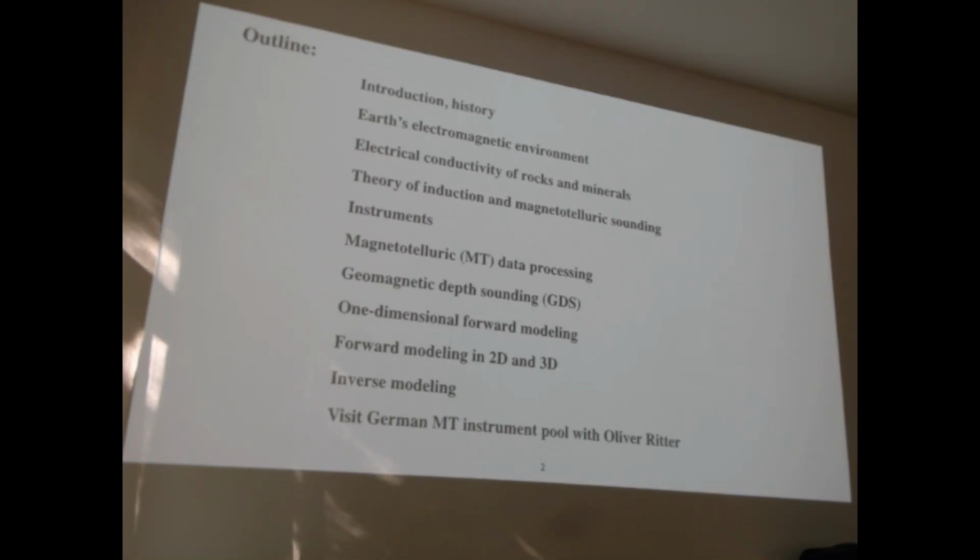One-dimensional forward modeling, two-dimensional and three-dimensional forward modeling, inverse modeling, and then when you're all exhausted at around 4 o'clock after the break, a colleague of mine, Oliver Ritter, who works at Potsdam, will come out and we will walk over, and he operates a magnetotelluric instrument facility out of the observatory, and we'll get to look at some instruments and calibration facilities and listen to Oliver to give you some relief.